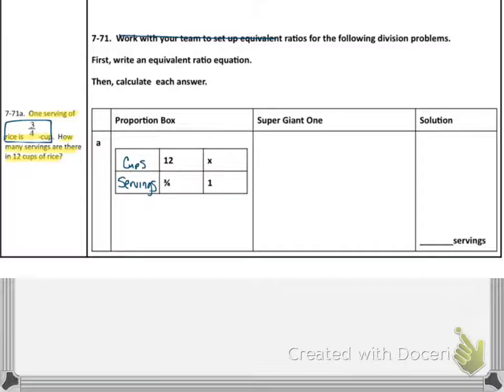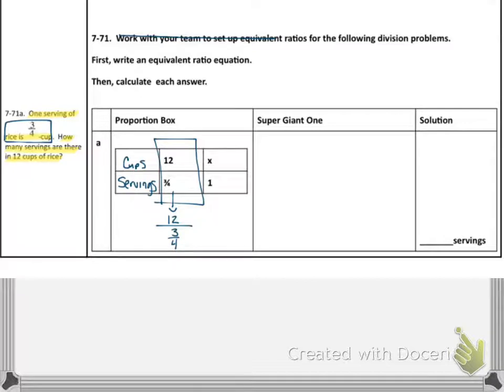As we look at this, right here, we simply have a fraction. Whenever you're dealing with a proportion box, you have a fraction. This fraction is 12 over 3/4, or 12 divided by 3/4.